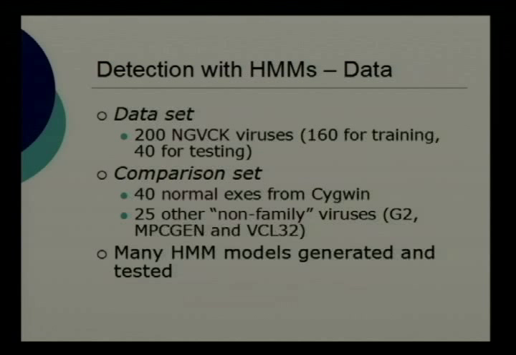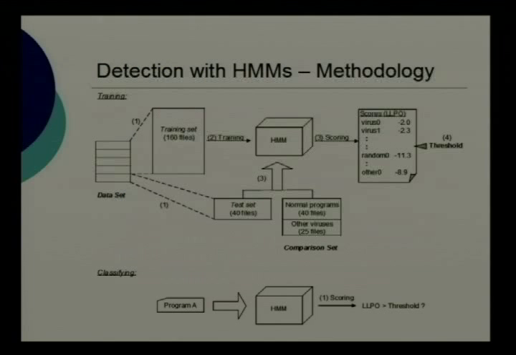In our tests, we generated 25 models using different numbers of hidden states. The number of hidden states ranged from 2 to 6, and then we chose different sets of 160 training sequences to generate different models and do the same kind of tests. So this is a diagrammatic view of the whole process, as I explained.